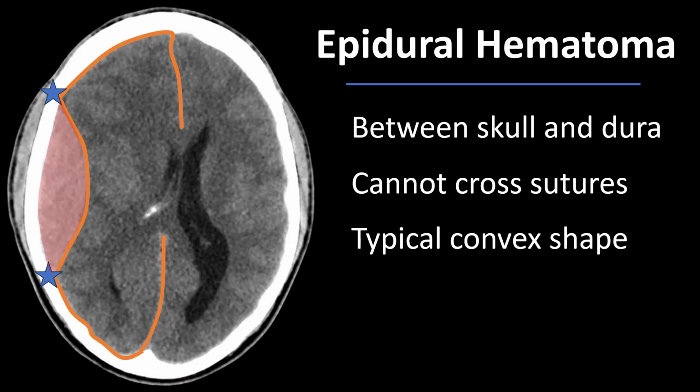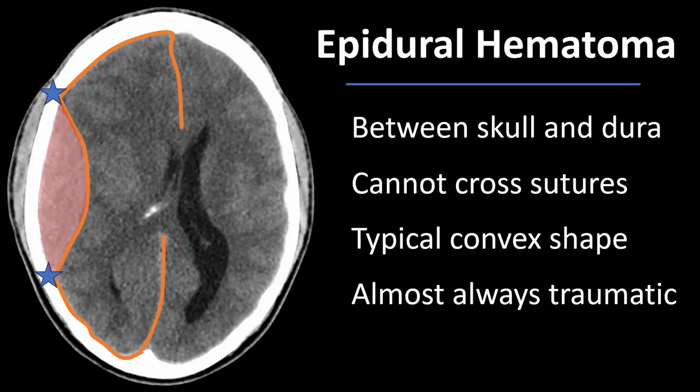What is also very typical for the epidural hematoma, they are almost always traumatic, and in the majority of cases, more than 90%, you will find a skull fracture in the overlying skull. And the hematoma is caused by a laceration of an artery running along the inner surface of the skull. So, how can I tell this is an epidural hematoma?